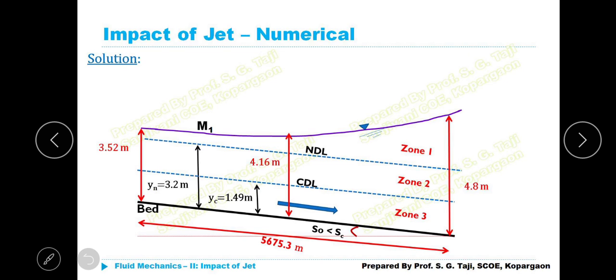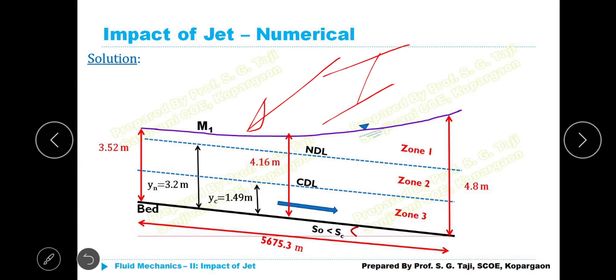Now, the solution. Whatever is there in the tabular column, last column and first column, we are showing it. We know it is M1 profile, that's why it is taken in the first zone. This is first zone. NDL, CDL, everything is written. What is the value of NDL? Accordingly, it is noted down. What is the value of CDL? Height, that is YC, we have noted down.